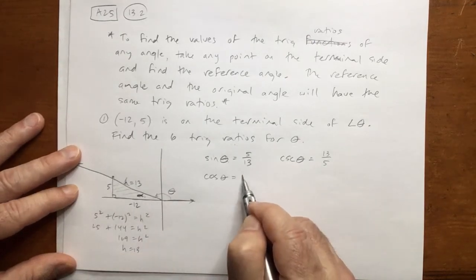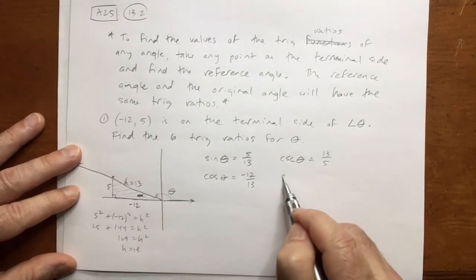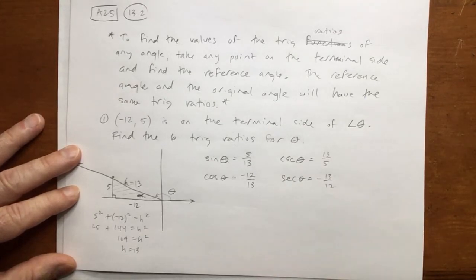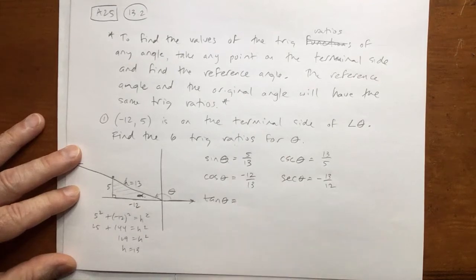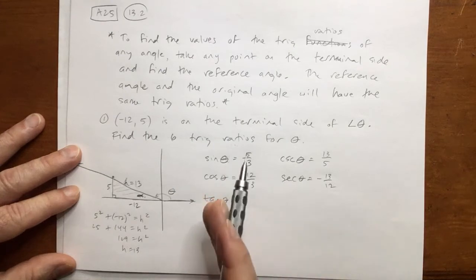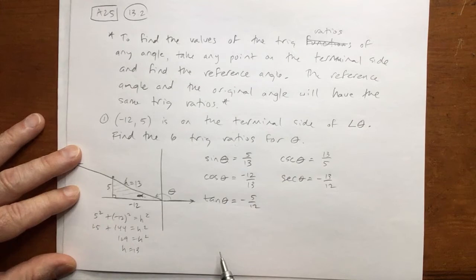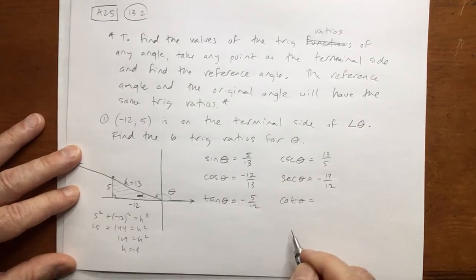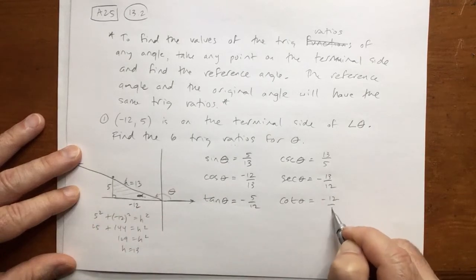So cosine of theta must be negative 12 over 13, making the secant of theta, the reciprocal, negative 13 over 12. And finally, the tangent of theta. Okay, the tangent with SOHCAHTOA, opposite over adjacent, so negative 5/12. And flip it over for the cotangent. And so it's adjacent over opposite, so negative 12/5.